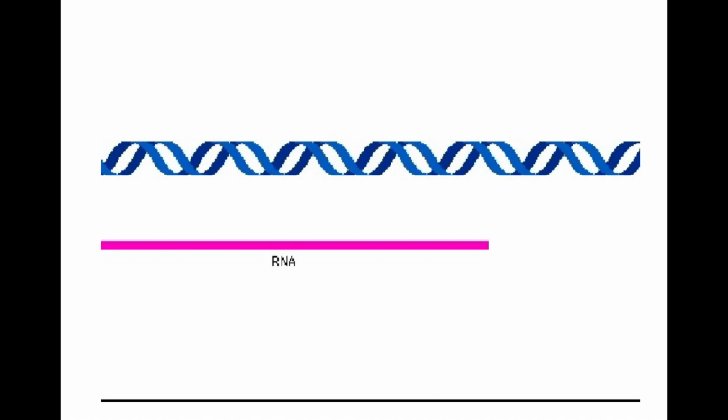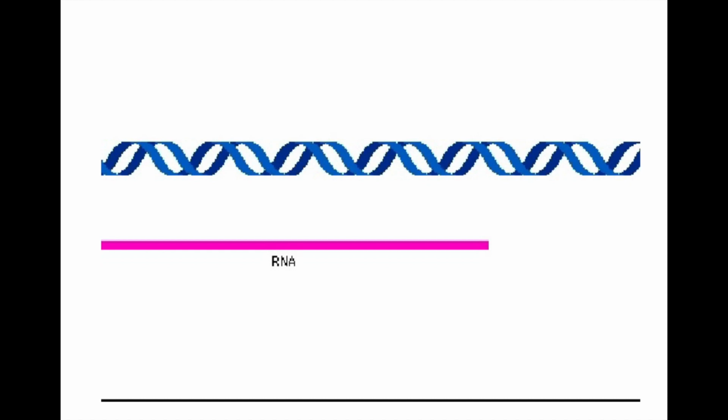Because recall in the last chapter, when we talked about DNA replication, we talked about an enzyme that makes a DNA copy of DNA, and that enzyme is called DNA polymerase. Okay, well, the enzyme that makes an RNA copy of DNA has the same name. It's just called RNA polymerase instead of DNA polymerase. So RNA polymerase is the enzyme that makes the RNA copy of the DNA.